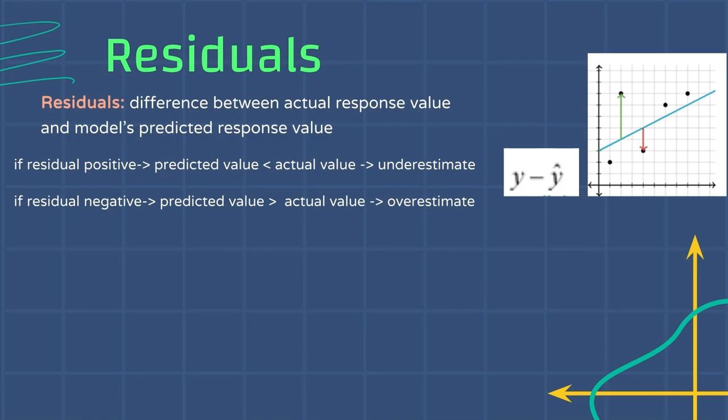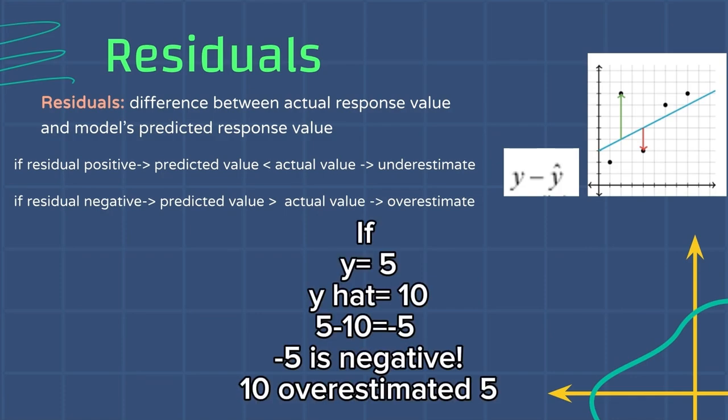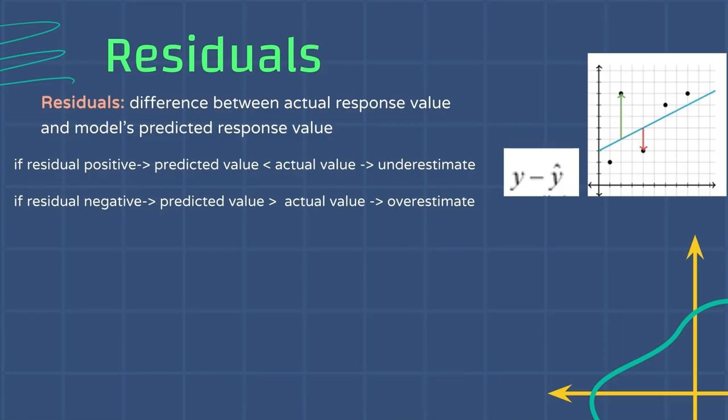So to produce a negative number, y has to be less than y hat. For example, if y is 5 and y hat is 8, the residual will be negative 3. And that's an overestimate because y hat is bigger than the actual value.